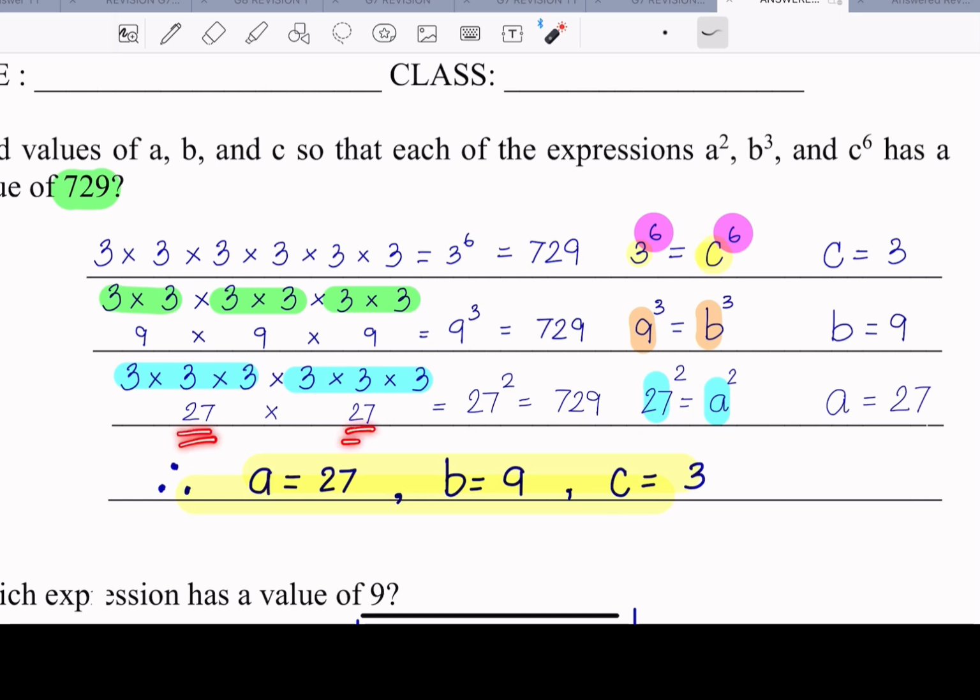Now notice we have 2 27s. And then we can say that 27 squared, or power of 2, is still the same as 729. So 27 squared is equal to a squared, the same exponent.